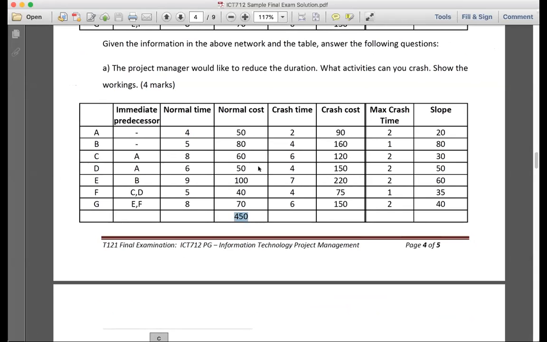If you crash activity A, you need to add 20 to the 450, because when you crash it, it will cost you more money. So it's going to be 450 plus 20, 470.